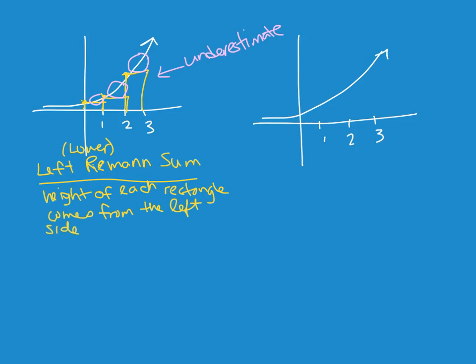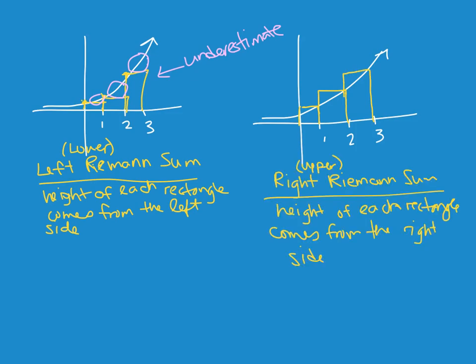Sometimes instead of doing a left Riemann sum, you're going to do a right Riemann sum. You might be able to guess: for the right Riemann sum, we take the right corner of our rectangles, and that's what's going to hit the graph. So I wrote it out. The height of each rectangle comes from the right side. By the way, the words upper and lower refer to the x values.